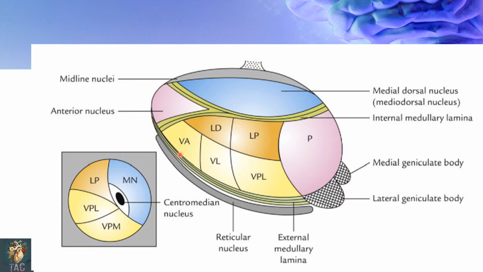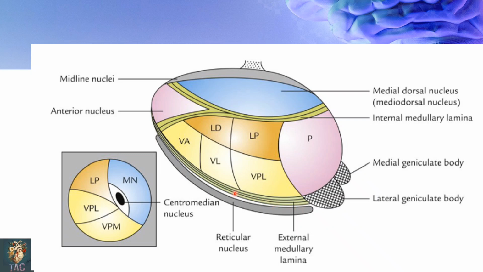Then on the lateral aspect we can see the different groups of nuclei which are present. So this is the lateral dorsal, lateral posterior, ventral anterior, ventral lateral, and ventral posterolateral nuclear group. And then posteriorly you can see the pulvinar which is present, and behind the pulvinar you can see the medial and the lateral geniculate bodies which are present.